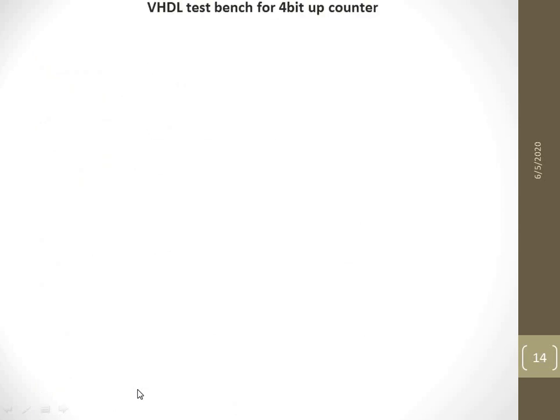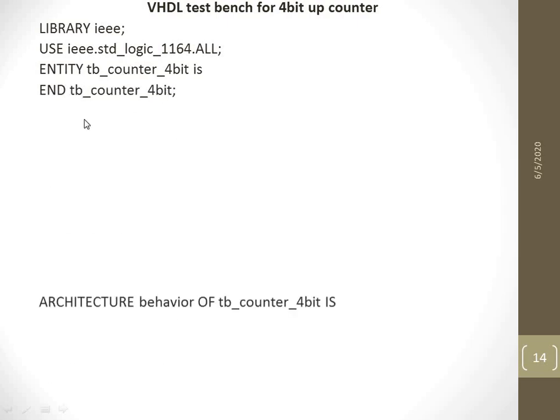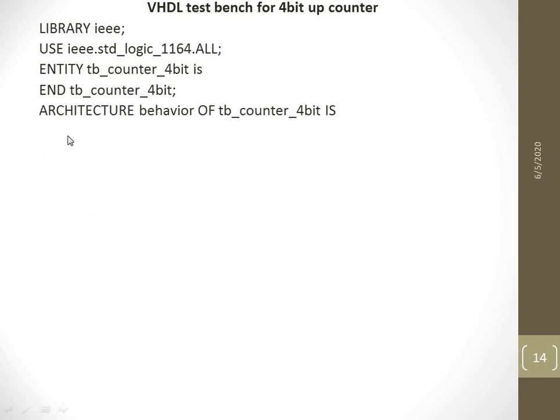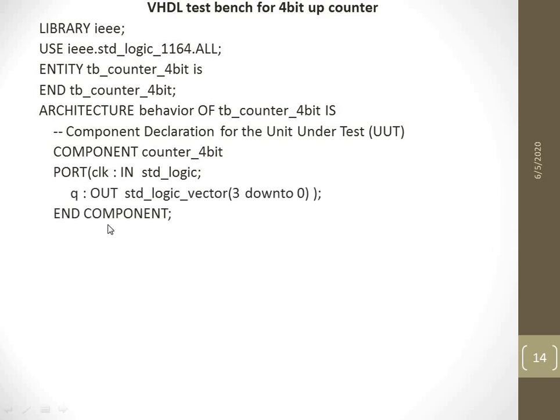Now let's see the test bench generation or stimulus generation in the test bench. Same way again I have to use the library and package. Here you can see the entity is empty without any ports, and in the architecture, after that, the component has to be declared the same with the entity name and the same ports, whereas I don't have any ports, so I'll be calling Q and clock as signals here.